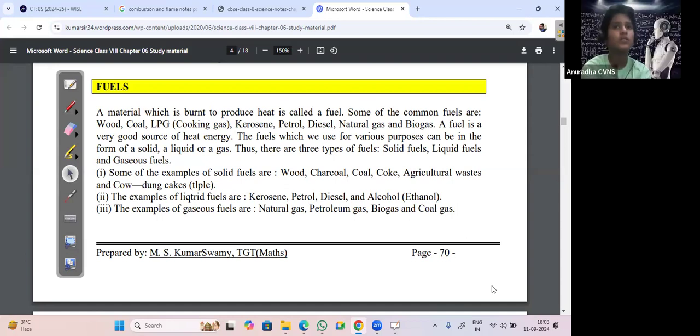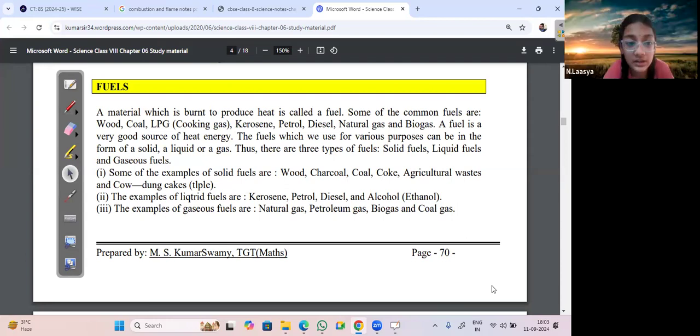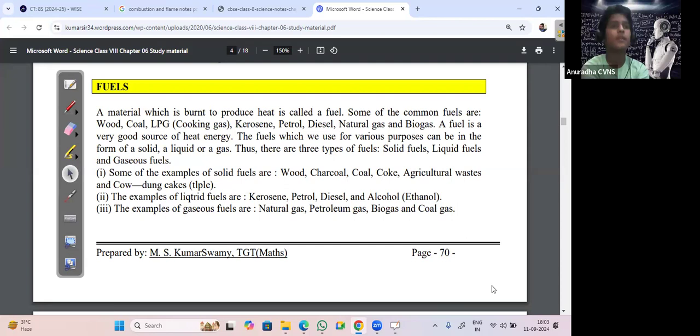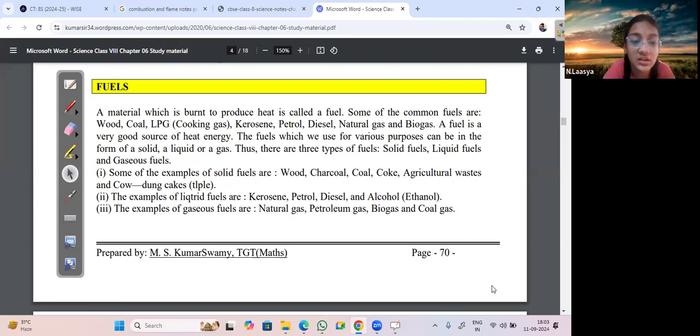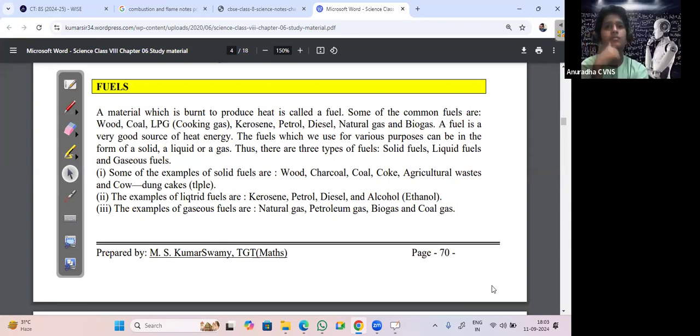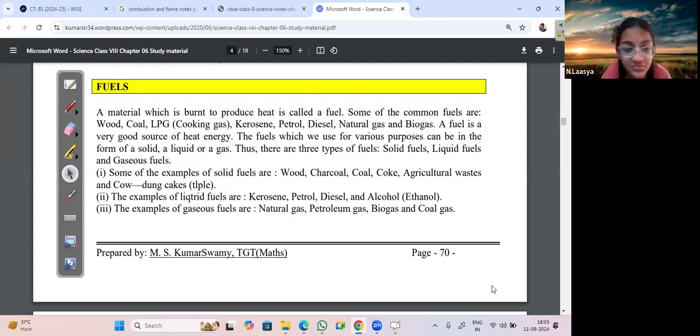Sir, I will tell sir. Pranav. Sir, LPG. Sir, LPG, sir, CNG also, sir.